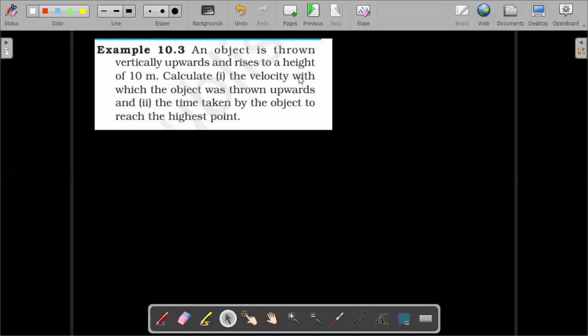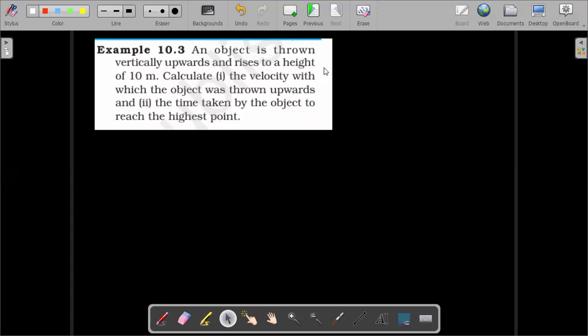Have you read the question? Just read out the question again. Read out loudly. An object is thrown vertically upwards and rises to a height of 10 meters.